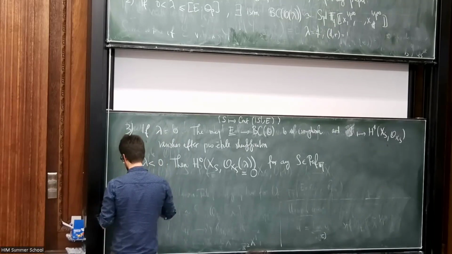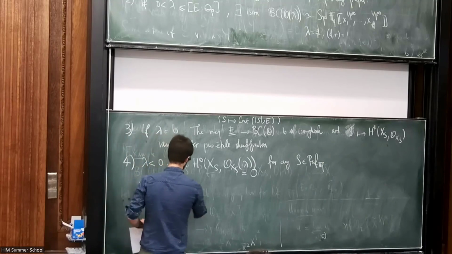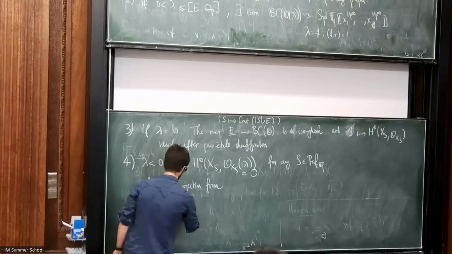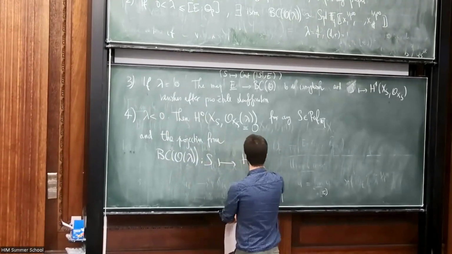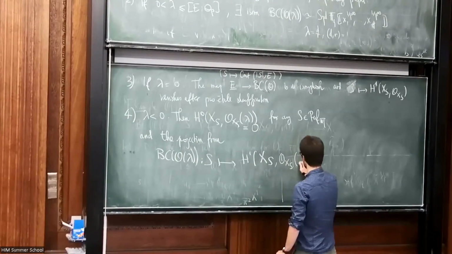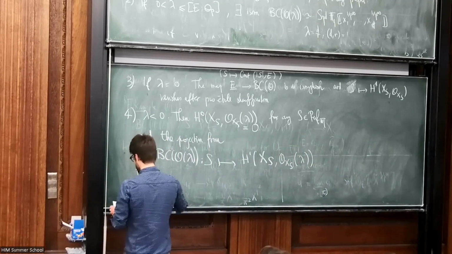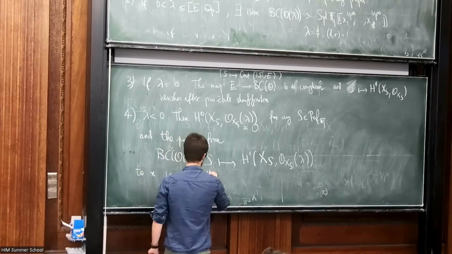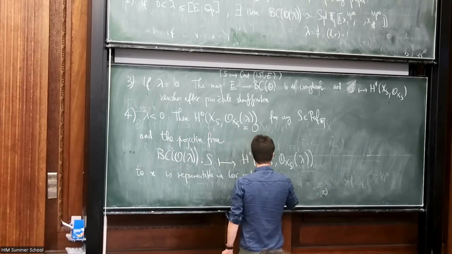And once again, now I will use a different notation in this case. I claim that the projection from BC O lambda, which is now defined to be the functor sending S to H1 of X_S or X_S lambda, to the point is, as before, as in point 1, representable in locally spatial diamonds and partially proper.